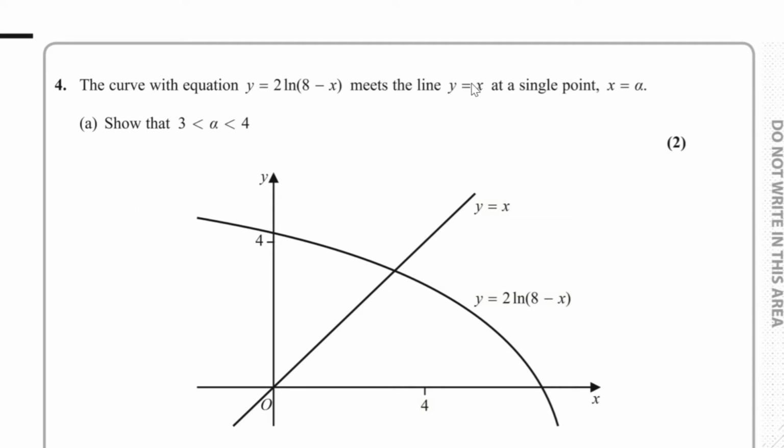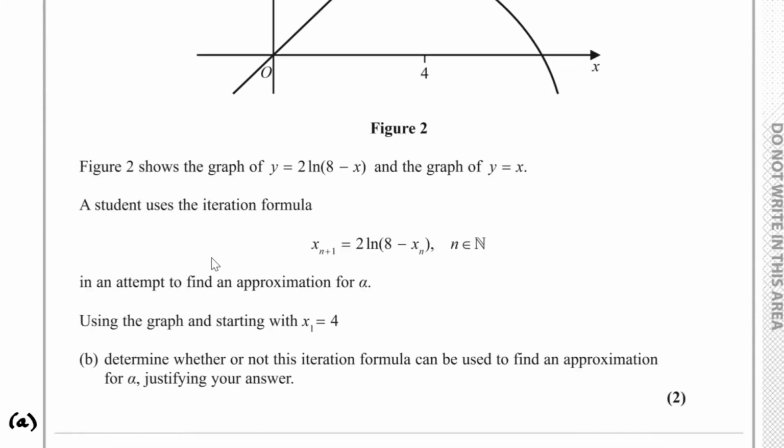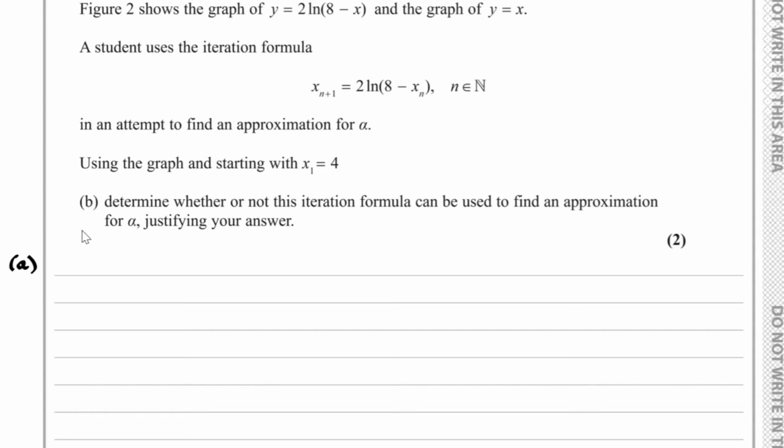Both the curve and the line are equal to y, and so setting them equal to each other, we've got 2 times the natural log of 8 subtract x equals x.